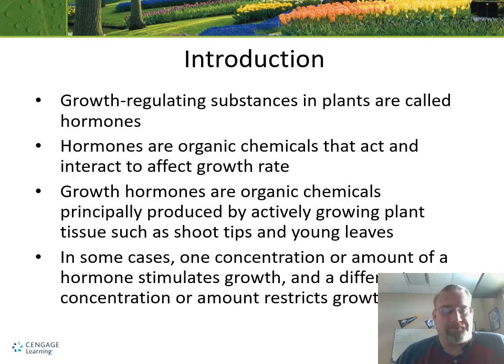So basically, growth regulating substances are called hormones, and these are really similar to how we grow and have hormones. All plants need these hormones to grow and to continue. They are an organic chemical.